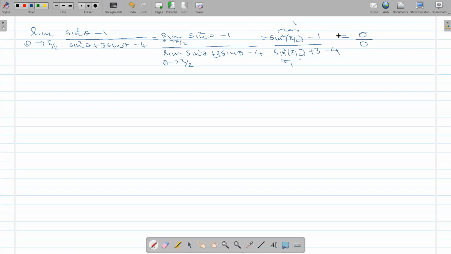Okay. So this one also goes to 0 over 0 form. I have to try to factor it. Okay. So here you can think of this as a square. If you remember, we did a problem before. This is a difference of squares on top.